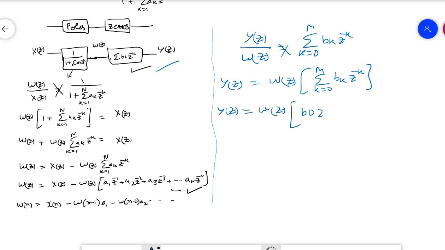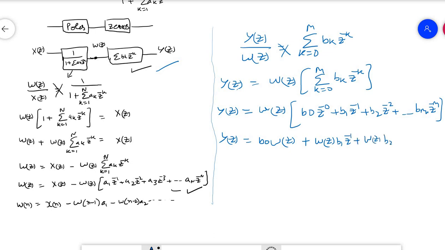That is b0 z^-0, b1 z^-1, b2 z^-2 and so on till bm z^-m. Now this Y(z) is equal to b0 into W(z), then W(z) b1 z^-1, W(z) b2 z^-2 and so on.